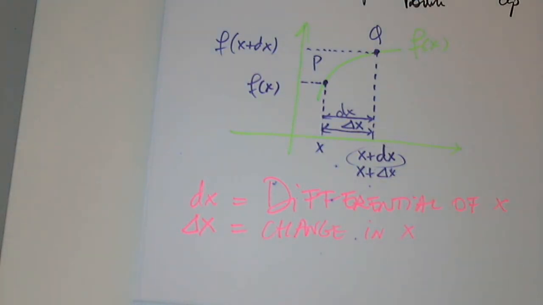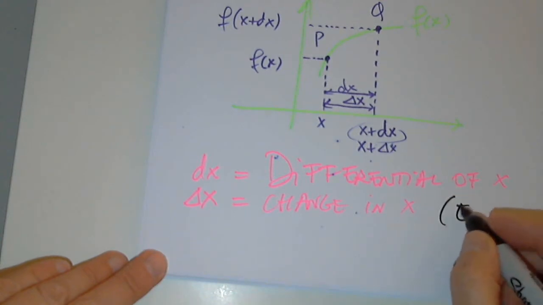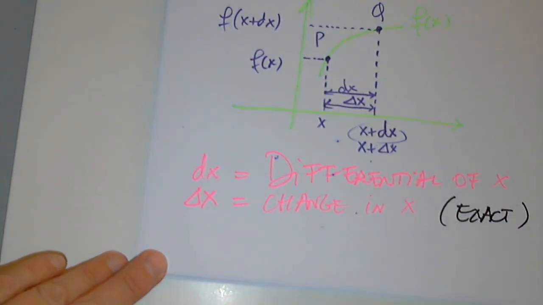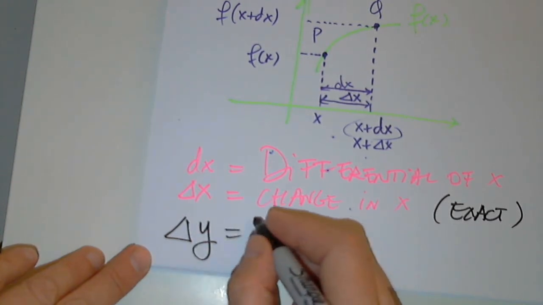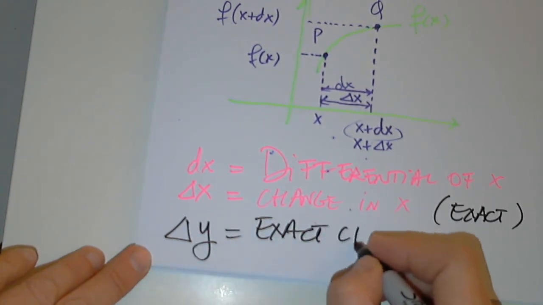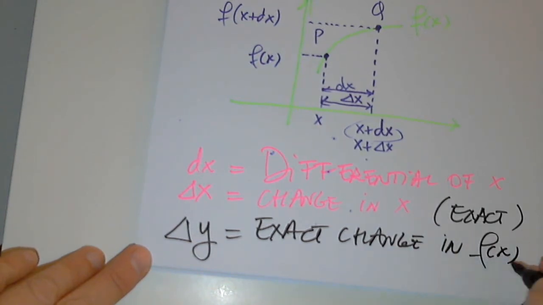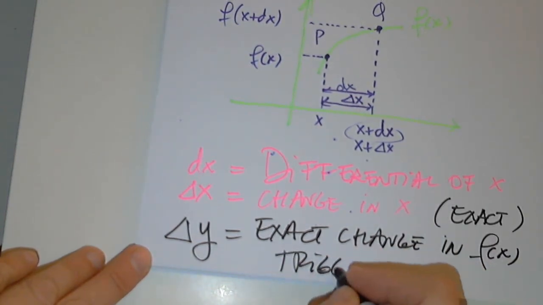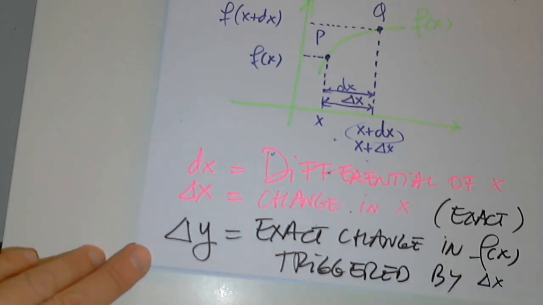What is the exact error in the function? What is called delta y, which is the exact change in the function triggered by delta x, which is the same as dx.